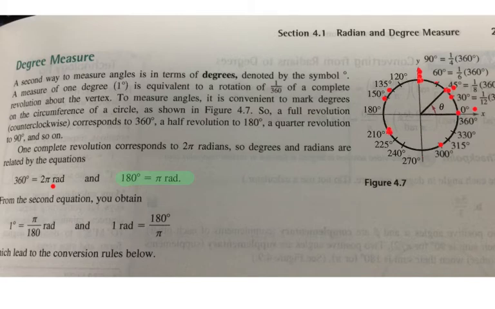So this would be 7 pi over 6, 8 pi over 6, which is 4 pi over 3. This would be 9 pi over 6, which is 3 pi over 2. This one would be 10 pi over 6, which is 5 pi over 3. This would be 11 pi over 6. And then 12 pi over 6, which is 2 pi. So you can see I can hit all these tick marks by rotating pi over 6.